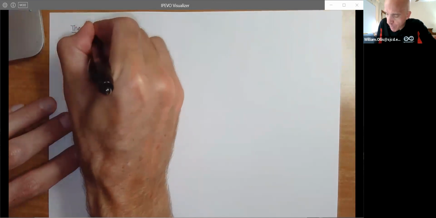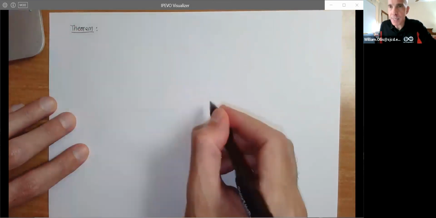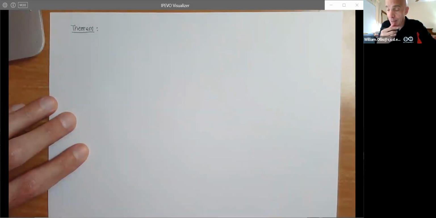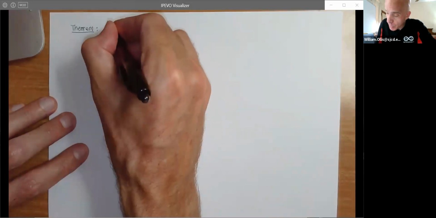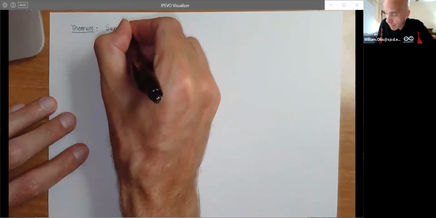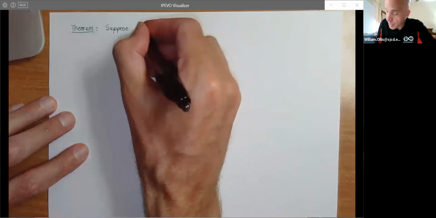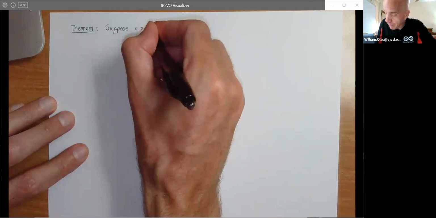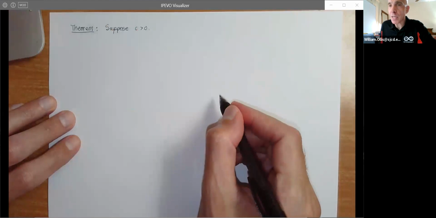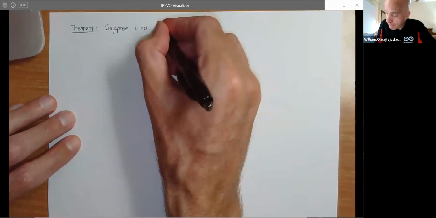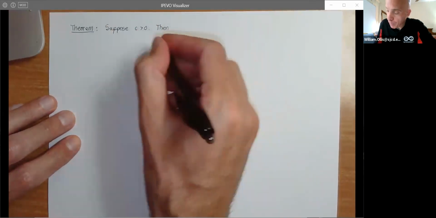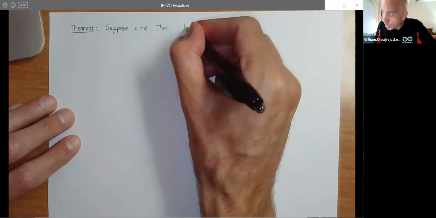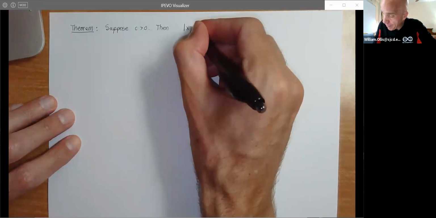We're going to have absolute values tied up with inequalities, and we'll say more about that at the next lecture. But suppose that C is a positive number.